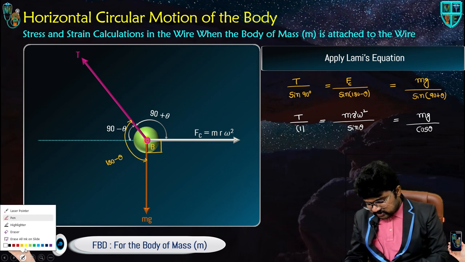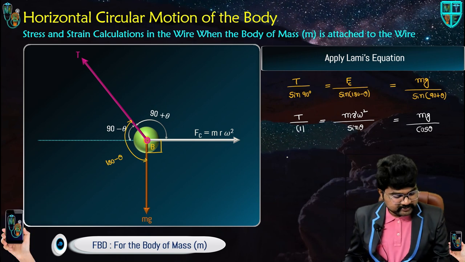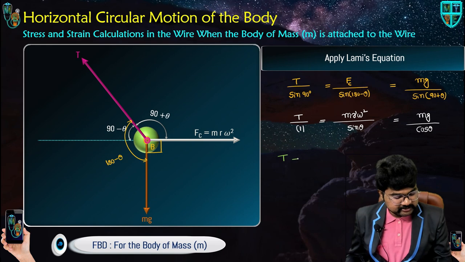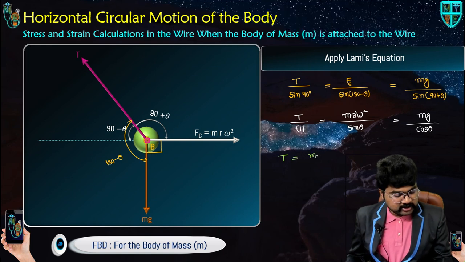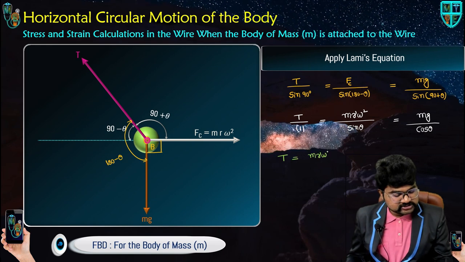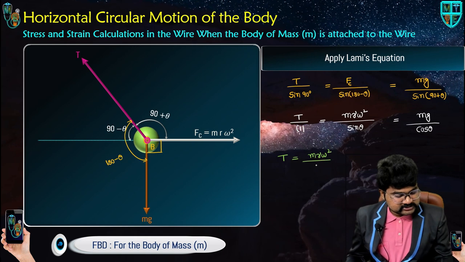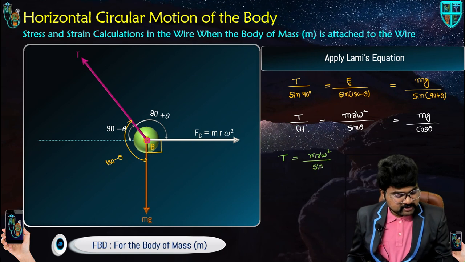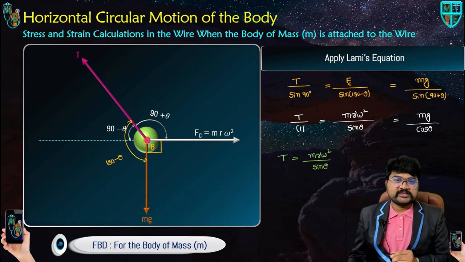So you can equate these two. T is equivalent to what is obtained? m r omega square by sine theta.